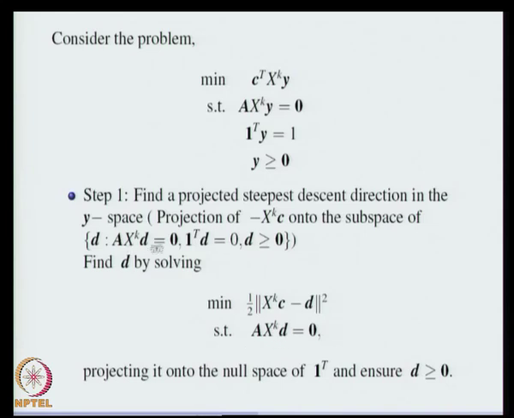So, we have taken care of the first part. Then after having obtained that d, one projects it on the null space of the matrix 1 transpose, and then using the algorithm we make sure that d is greater than or equal to 0. So, if we do this, then we will have found the projected steepest descent direction of minus xkc in the y space. So, let us do this first.